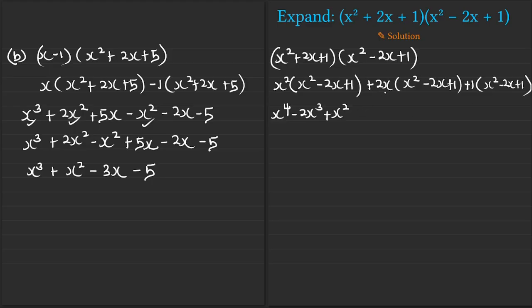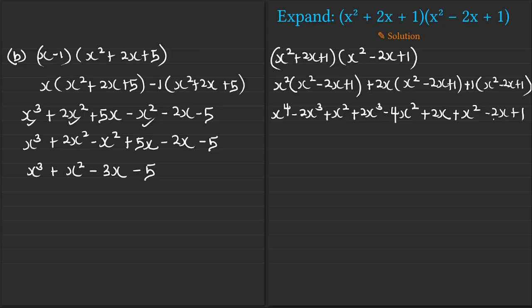So 2x multiplies x squared to give us 2x cubed. Then 2x multiplies negative 2x to also give us a negative 4x squared. 2x multiplies 1 to give us what? A 2x. We come to the 1. So 1 times whatever will give us the same thing. Hence we have x squared minus 2x plus 1.